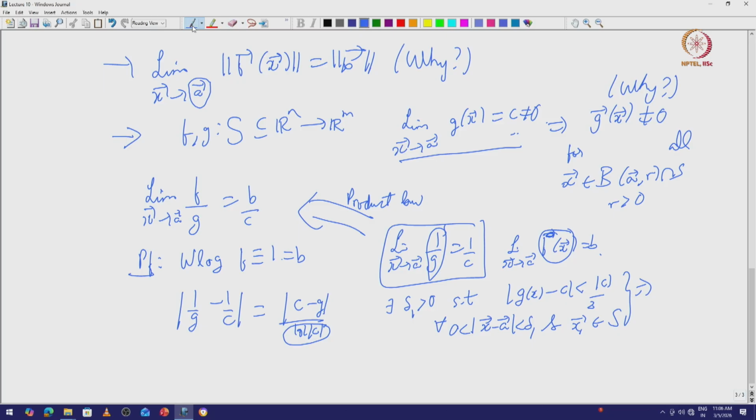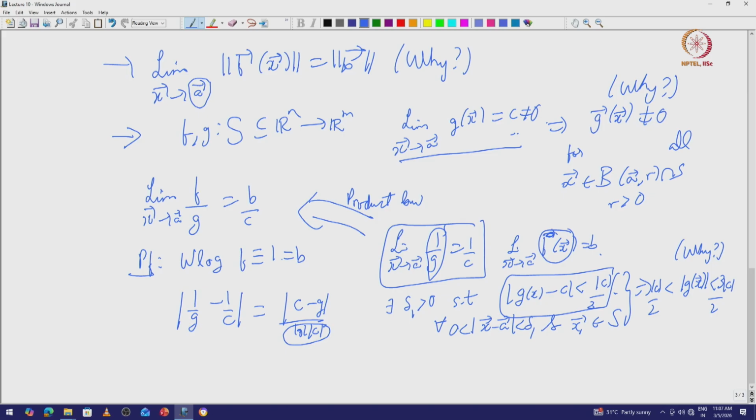Actually, maybe you can do this as an exercise. Why is this true, right? From this, why is this true? It's actually very easy, right?